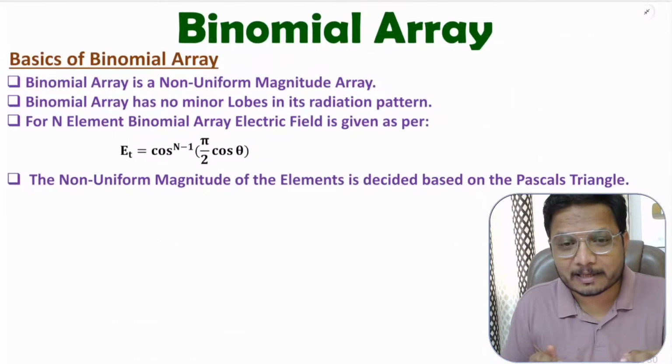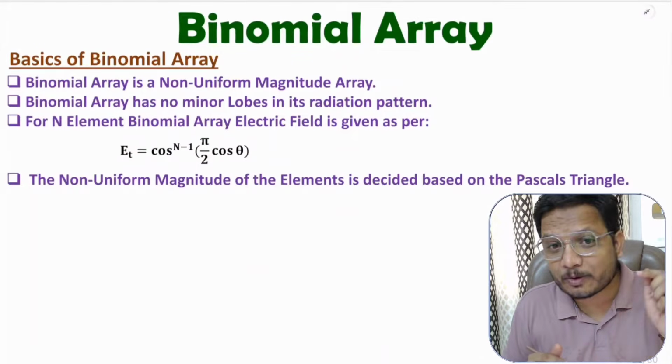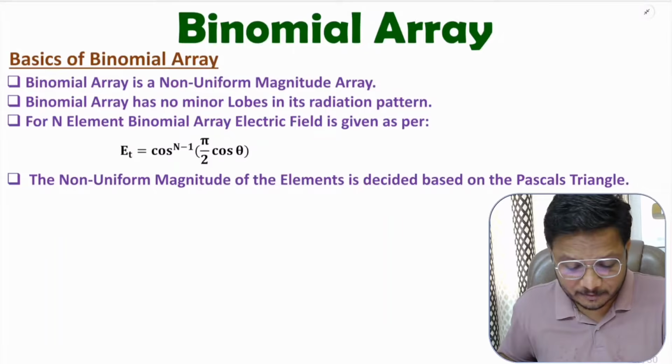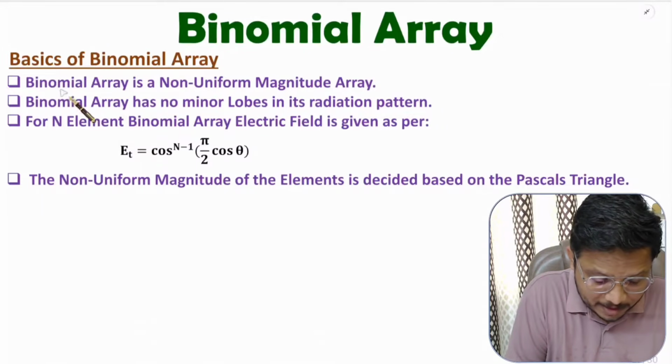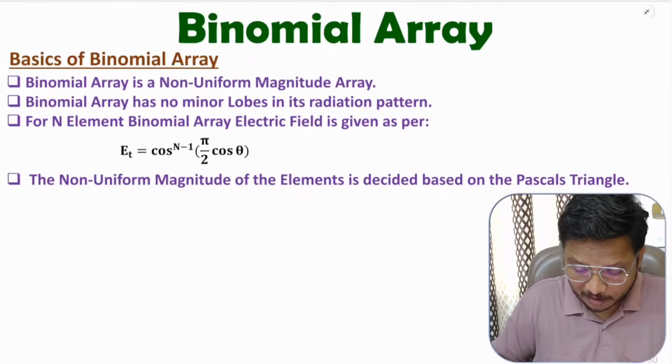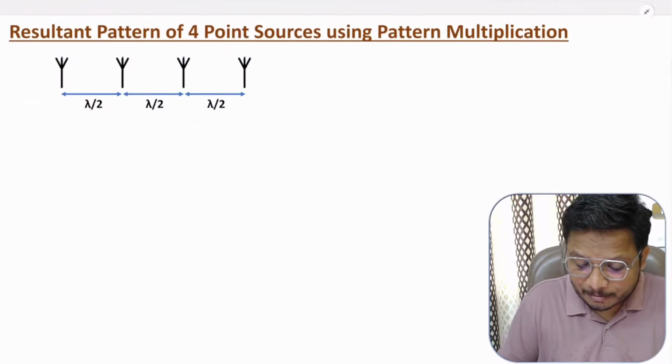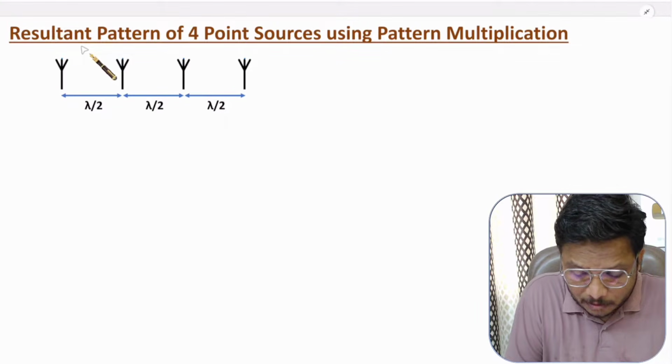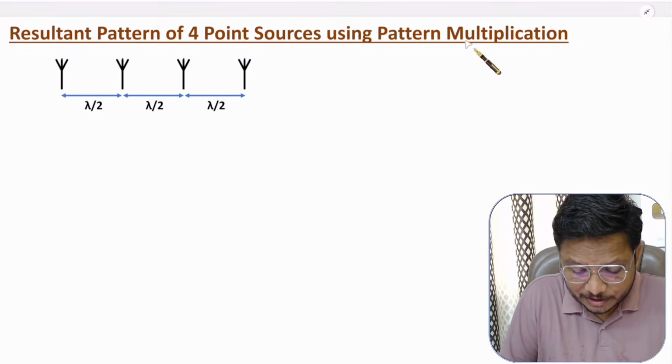Before I start with the explanation, let me show you how many things I'm going to cover in this video. First of all, I'll be discussing the basics of binomial array. After that, I'll discuss how one can calculate the resultant pattern using pattern multiplication.